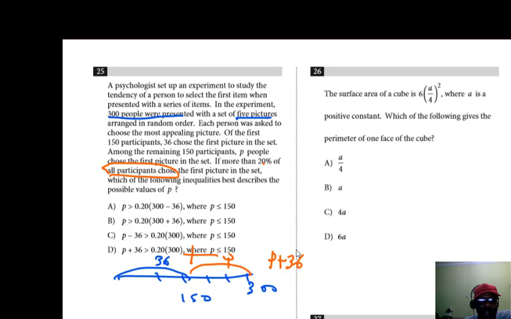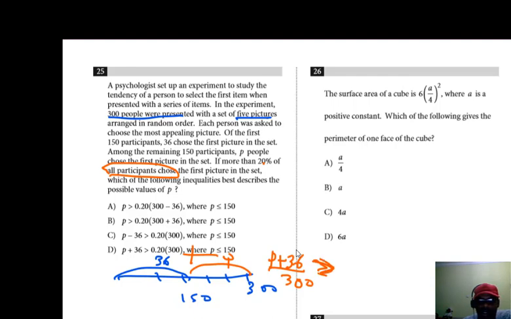Which of the following inequalities best describes the possible value of P? So P plus 36 of 300 chose the first picture. This is the same as, if more than 20% of all participants, which means this is more than 20%.